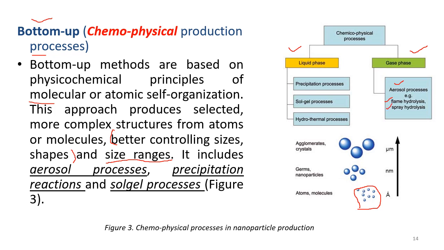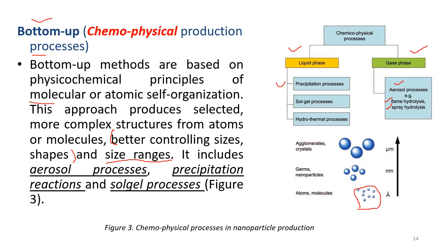Here we convert the precursor, the primary content for making the sized nanoparticles, into a gaseous phase, then condense, and then create a film or a coating of the nanoparticles. Next, one more is the liquid phase.